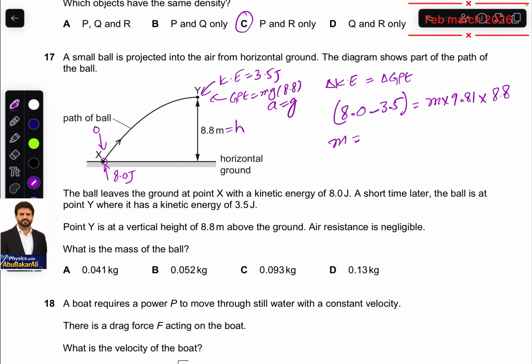So m is equal to (8 minus 3.5) divided by (9.81 times 8.8). That will give you 0.0521. So option B is correct.